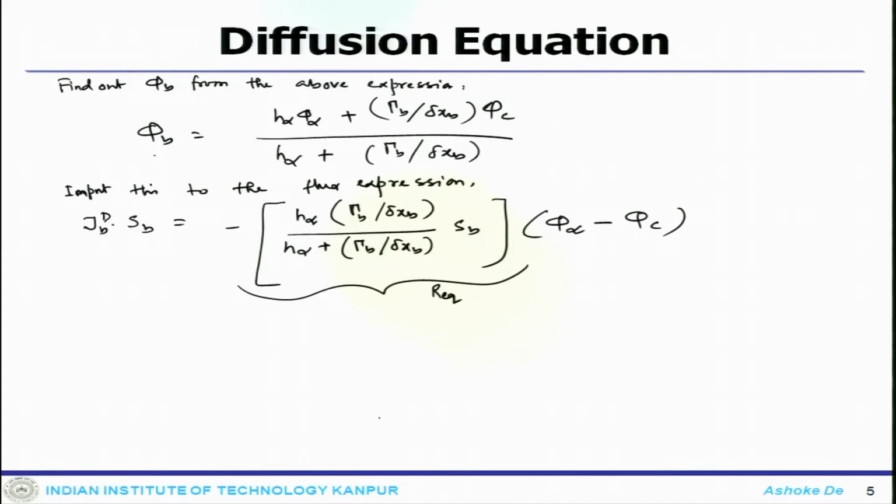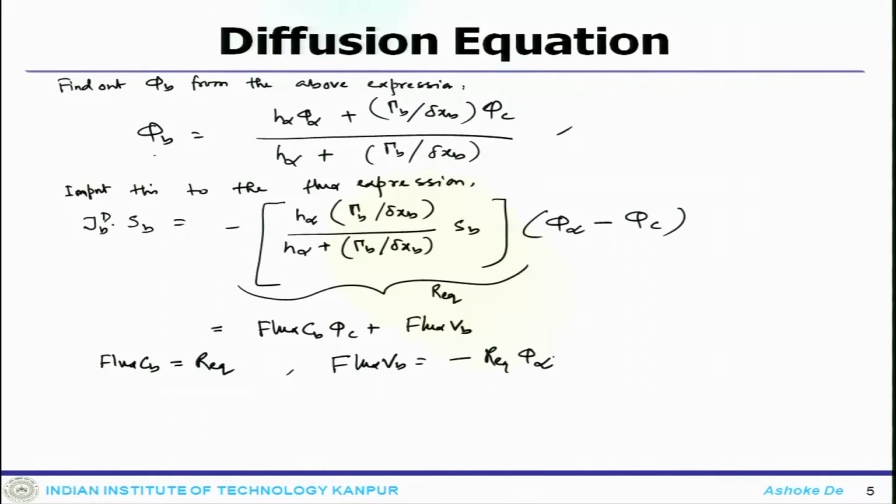So, it is some kind of a resistance which is applied here, which can also be written as two coefficients, one is flux C B phi C plus flux V B. So, you got the expression for the flux which is applied there, and using the information of the given value you find out these coefficients, where flux C B is nothing but this R equivalent and flux V B is minus R equivalent into phi infinity.